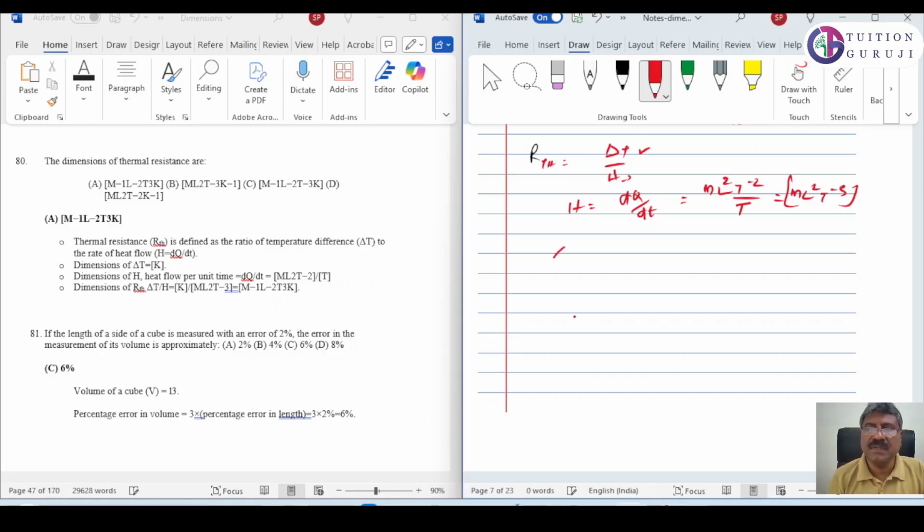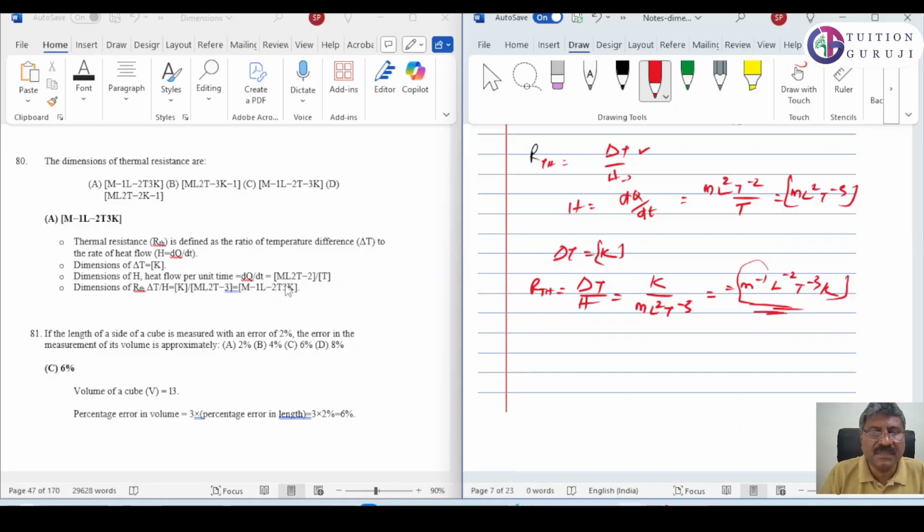Now delta T is nothing but K, since change in temperature is in Kelvin. So R_TH is delta T by H, which gives K divided by M L square T raised to minus 3. So we get M raised to minus 1, L raised to minus 2, T raised to minus 3 and K.